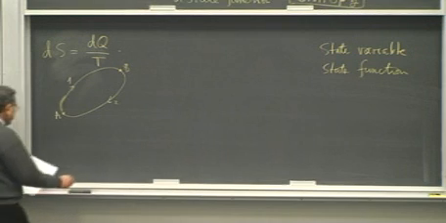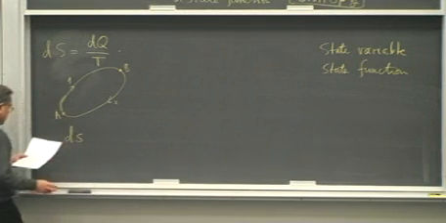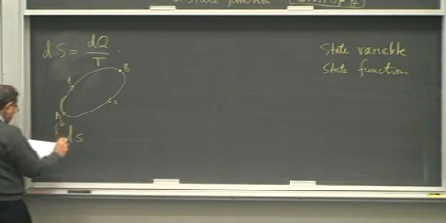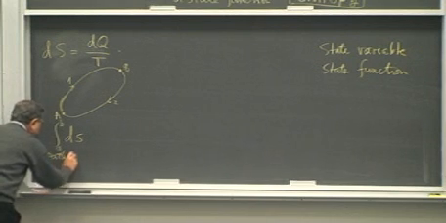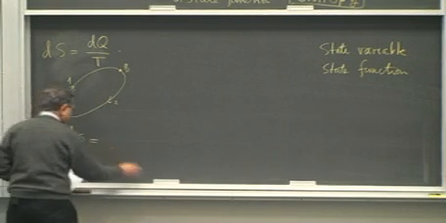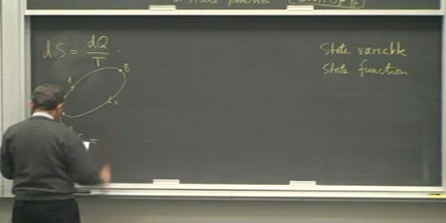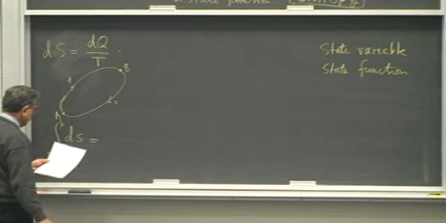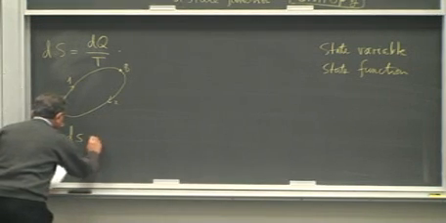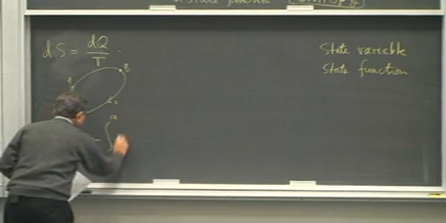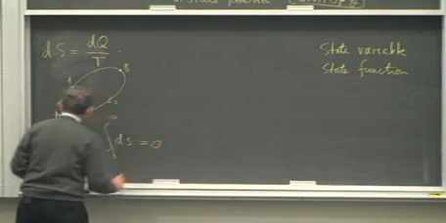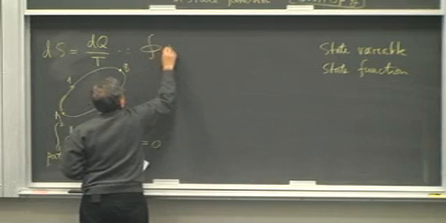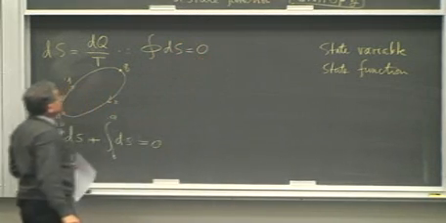Then the integral of ds from A to B on path 1 is the same as, plus B to A ds is equal to 0, is the meaning of this statement that integral ds is equal to 0.